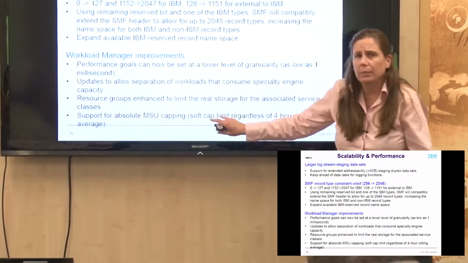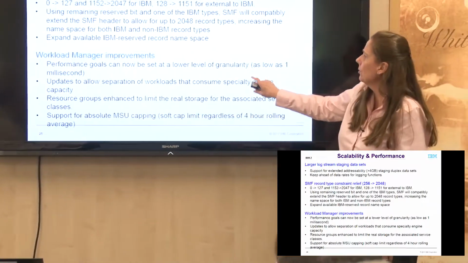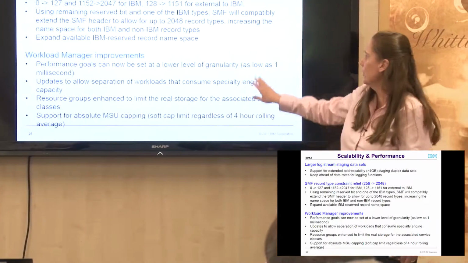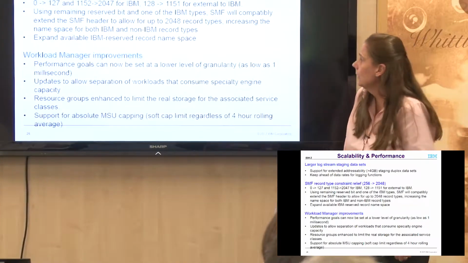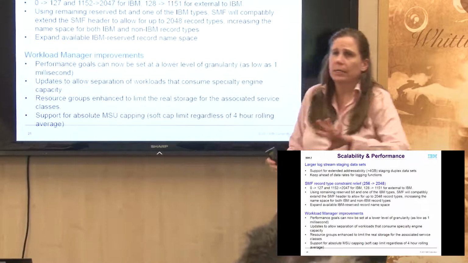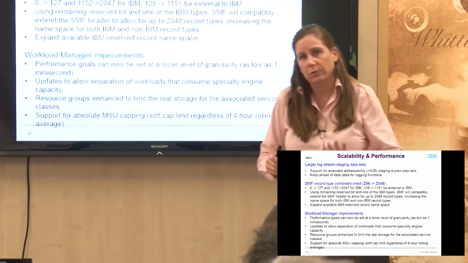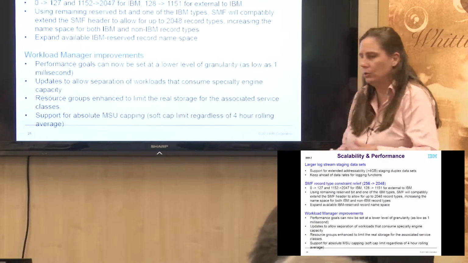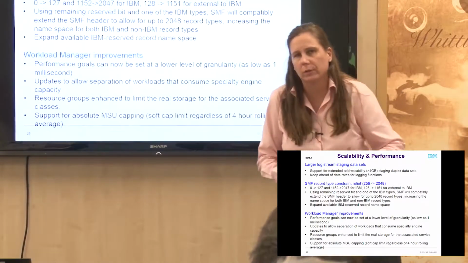For WLM, we have the ability to specify performance goals at a much lower level of granularity, as low as 1 millisecond. We can separate workloads that contain specialty engines versus those that do not. You can think about a lot of the new workloads that are coming to the release.